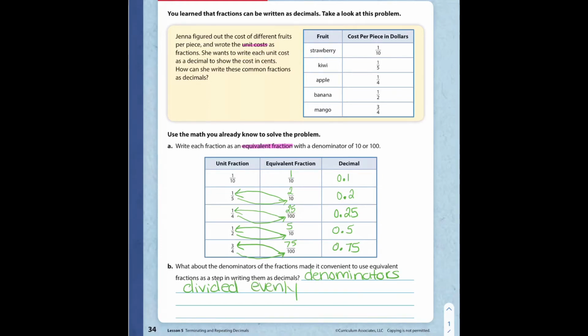So, we wanted to look at whether the denominator of our unit fraction would go evenly into either 10 or 100, and that helped us determine what the denominator of our equivalent fraction should be. And then again, we used either 10 or 100 in our equivalent fraction so that we could easily write that as a decimal.